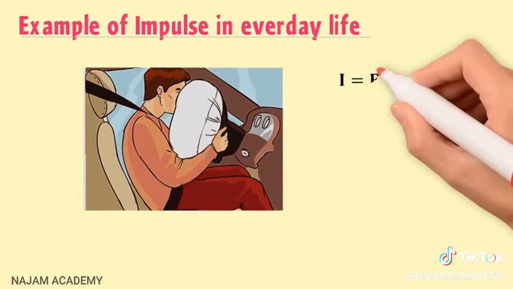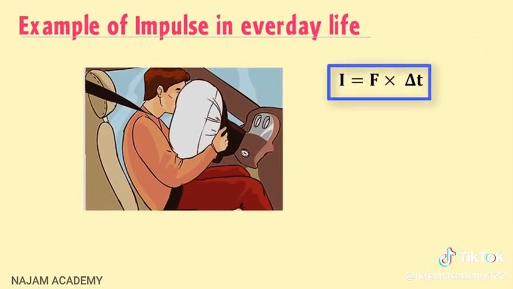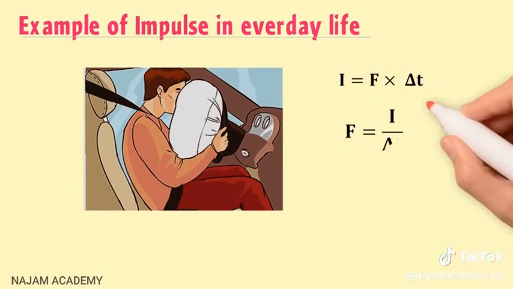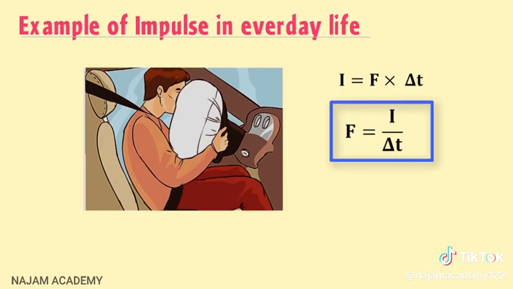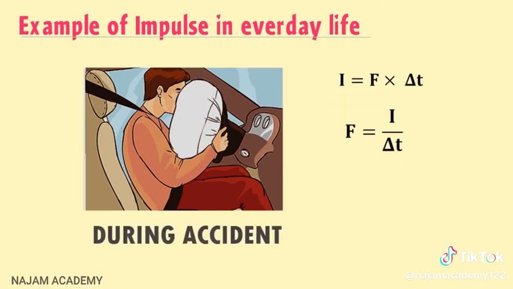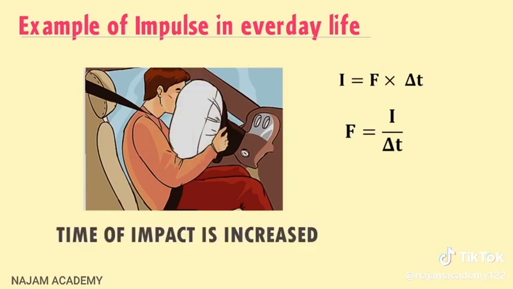As we know that impulse I is equal to force into time, or F is equal to impulse divided by time. Now during accident, the airbag increases the time to stop the motion of driver or passenger toward the dashboard. Or you can say that the time of impact is increased between driver and dashboard.